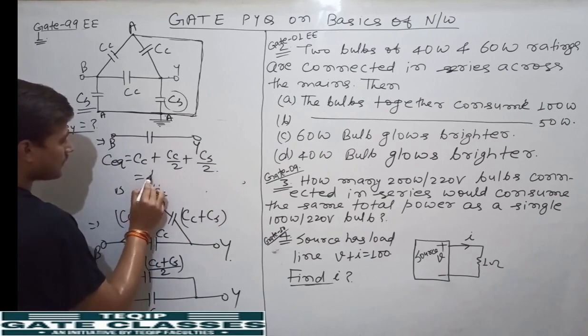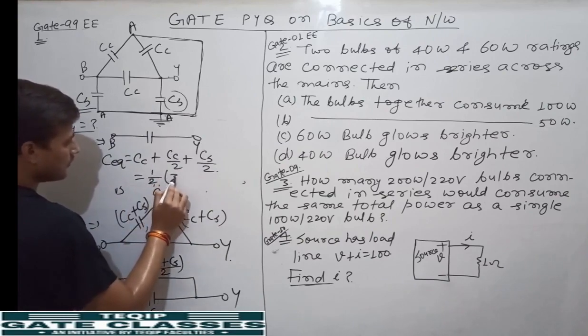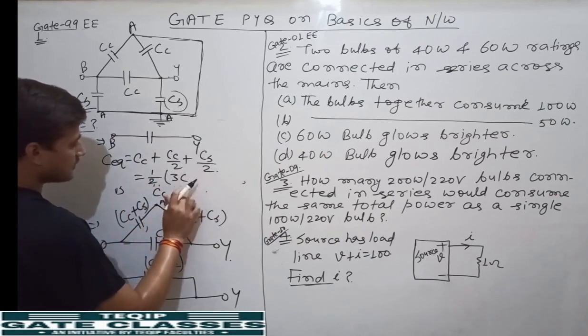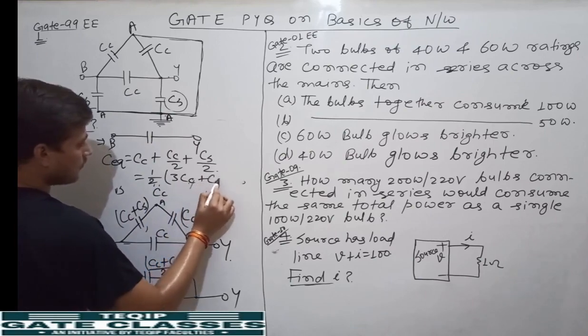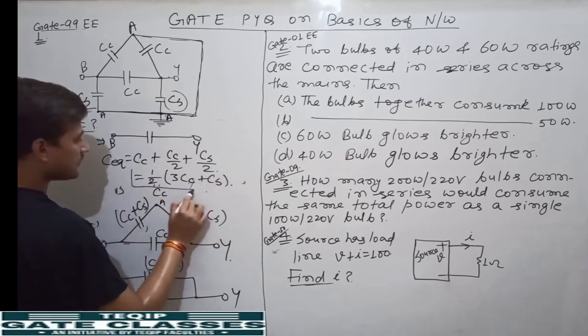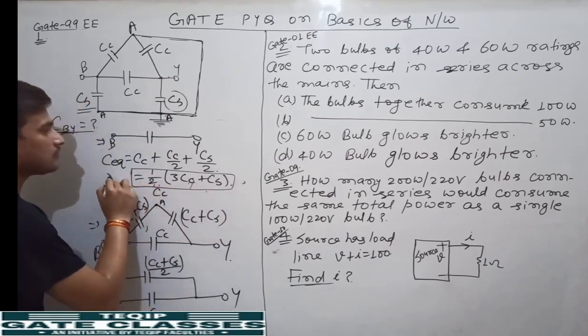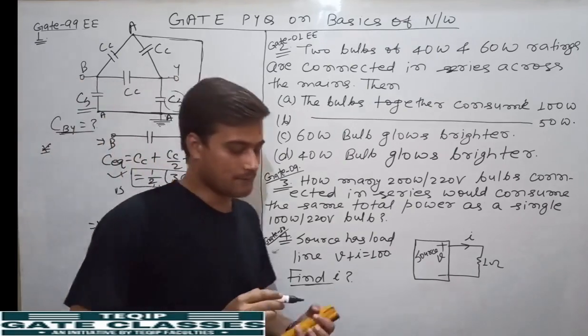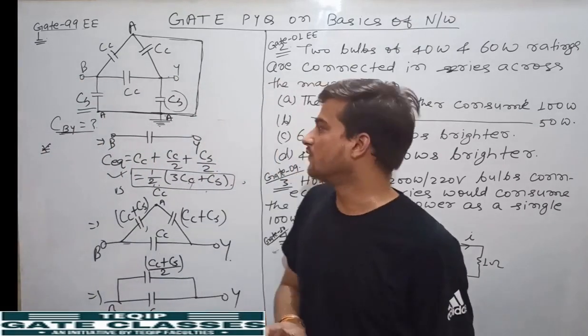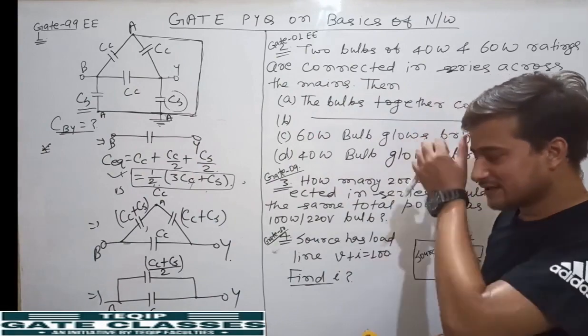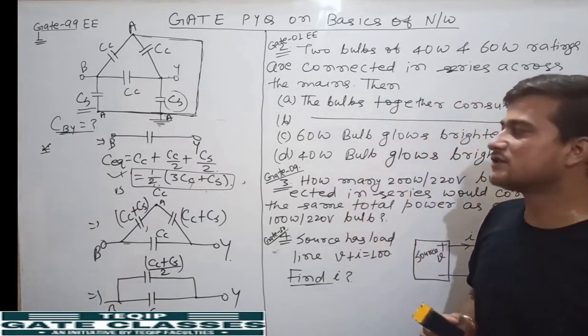That means you can write 1 by 2 into (3CC plus CS). This will be the value of equivalent capacitance. So your first question is clear.